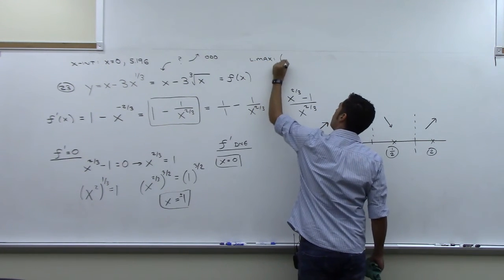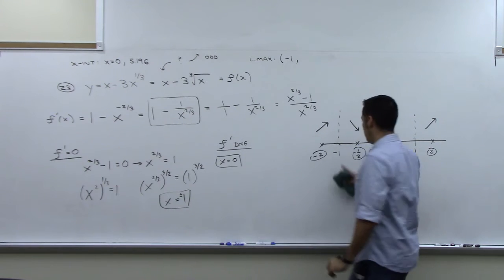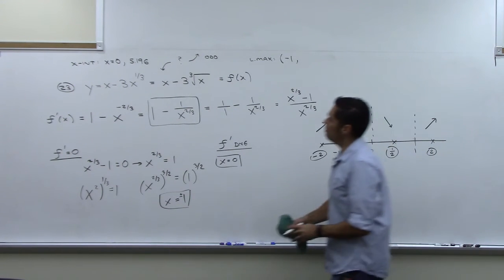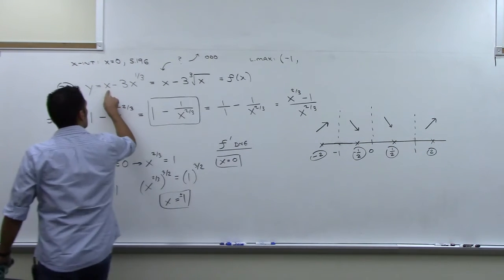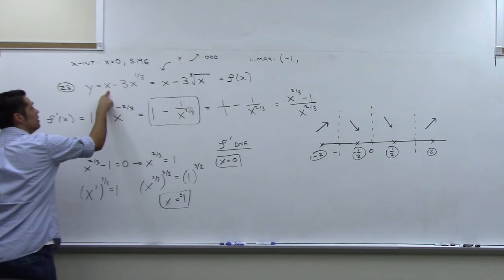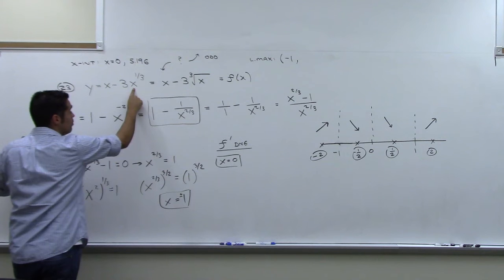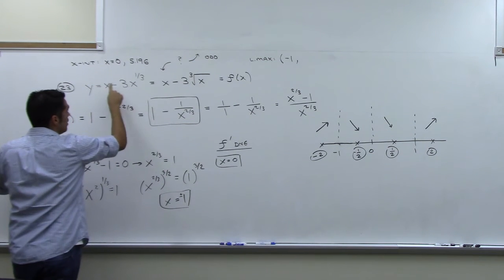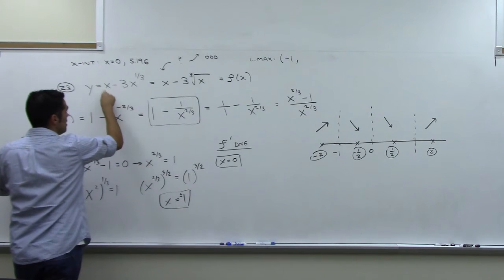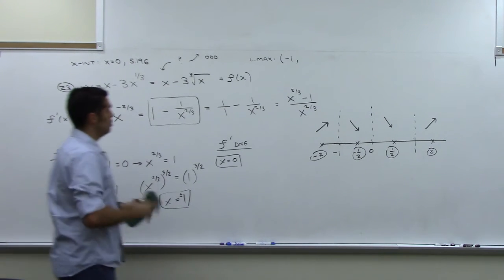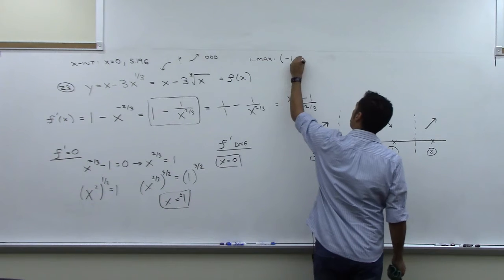It's happening at the point -1, and then let's actually plug -1 into the original function. If I plug in -1 right here, I get -1. The cube root of -1 is still -1. So we go -1 minus 3 times -1, that's the same as -1 plus 3, that's 2. So I should get a 2 there.